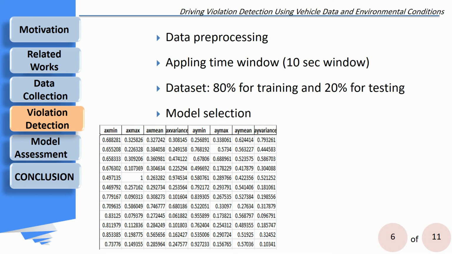We monitor the driver behaviors in time slots, where each slot has a label of normal or violation. Therefore, we apply a 10-second time window with 50% overlap with the previous window on the data.